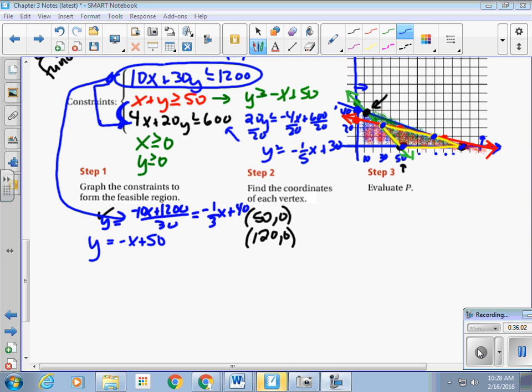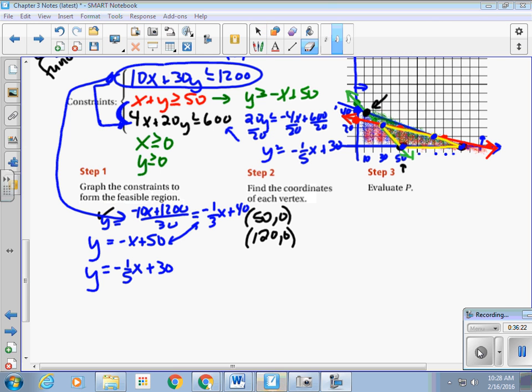And then my last one is y equals negative 1/5 x plus 30. So I want to find where these two lines cross. I want to find where this line and this line intersect and where this line and this line intersect.